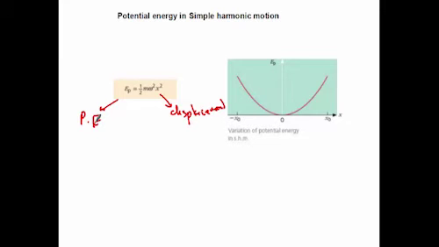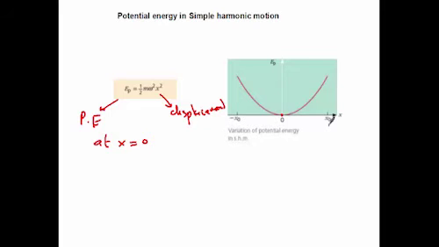Now let's come here to our graph. At x equal to 0 here, the equilibrium point, all this will become 0, we will get 0 potential energy.